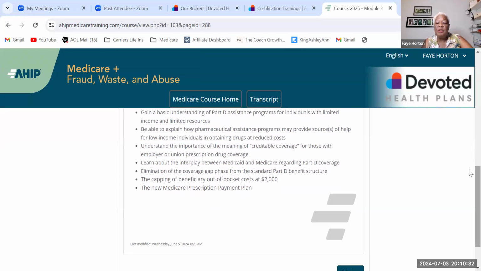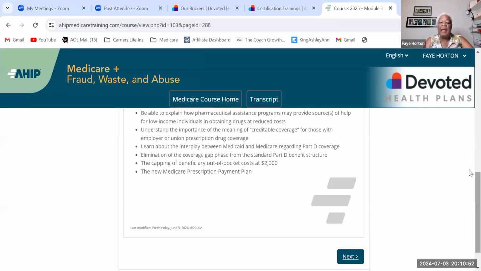Learn about the interplay between Medicaid and Medicare regarding Part D coverage. Elimination of the coverage gap phase from the standard Part D benefit structure. The capping of beneficiary out-of-pocket costs at $2,000. And the new Medicare Prescription Payment Plan.